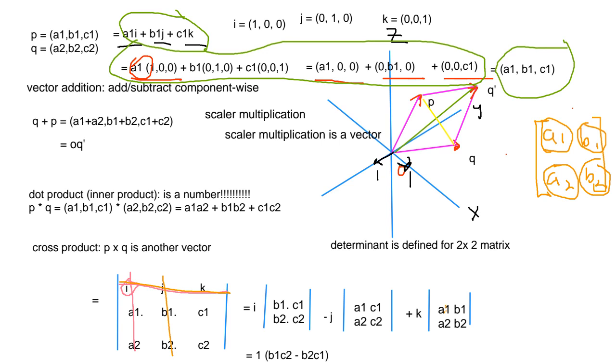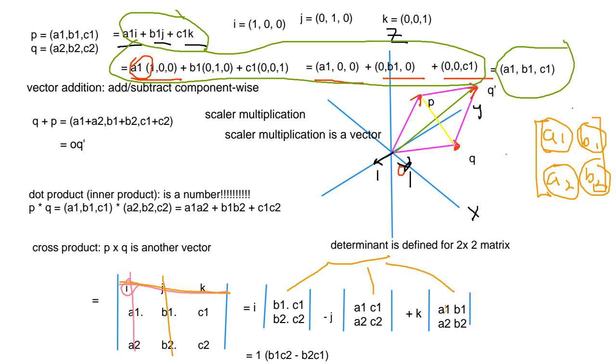B1, C2, subtract B2, C1. Yes, I read it wrong, but I wrote it the same as yours on the page for calculating the determinant. You're right. So that's the determinant of this. So this is a determinant, this is a determinant, and this is a determinant.